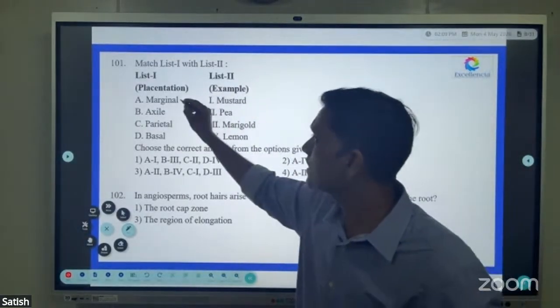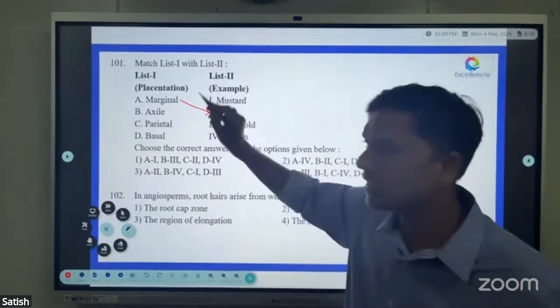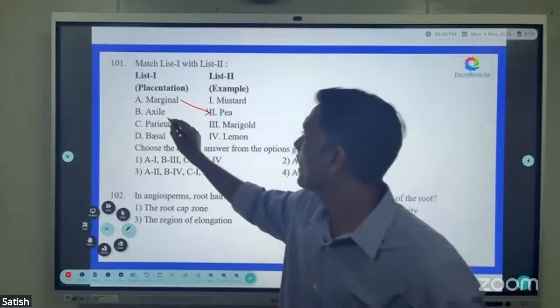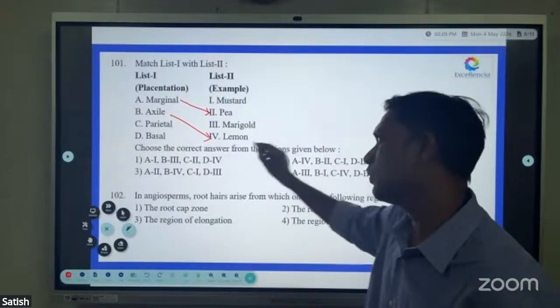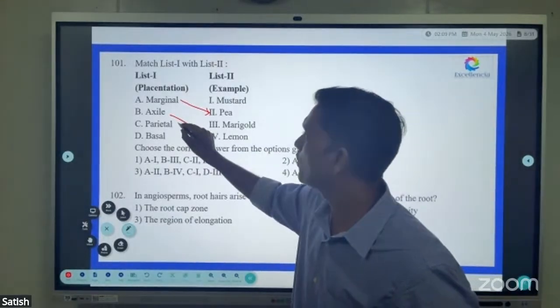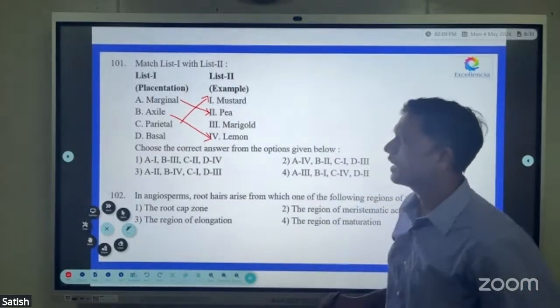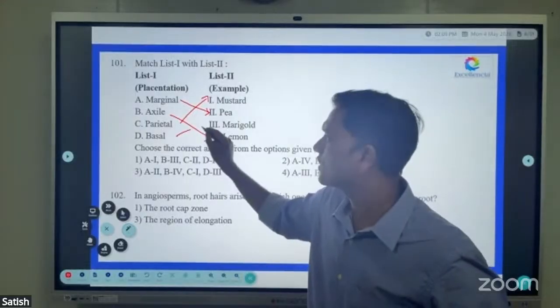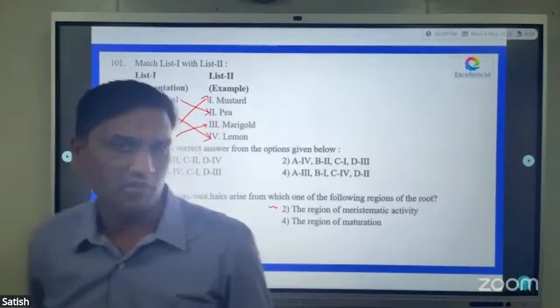So marginal placentation always found in Fabaceae members, that is pea, A2. Axial placentation, China rose, tomato, and lemon. They gave lemon option, B4. Parietal placentation found in two plants, mustard and argemone, Brassicaceae members, C1. And basal placentation found in Asteraceae family, that is marigold, chrysanthemum, and sunflower.